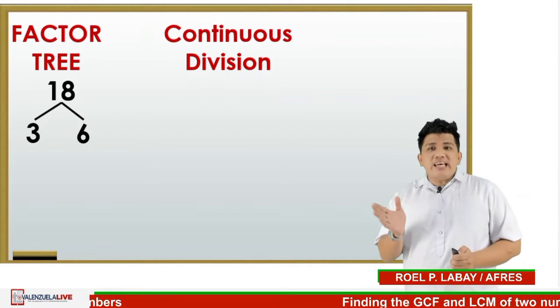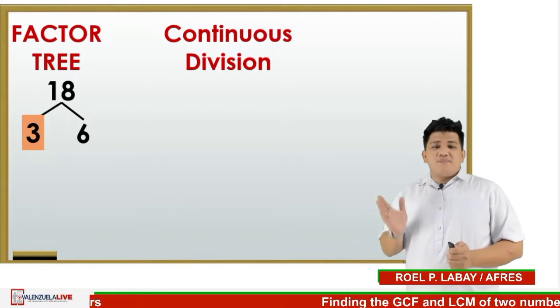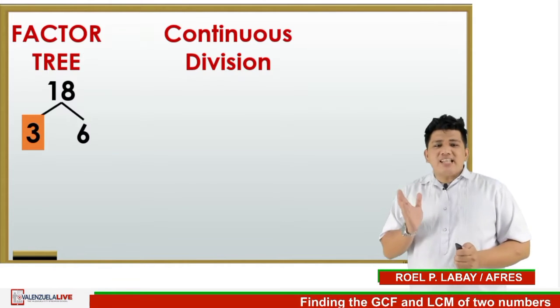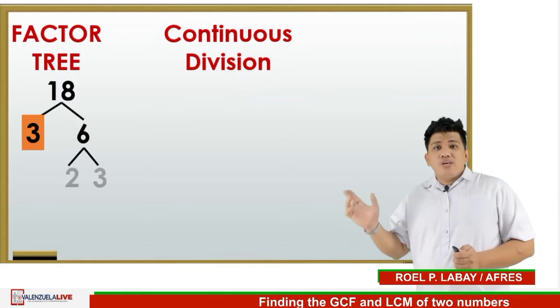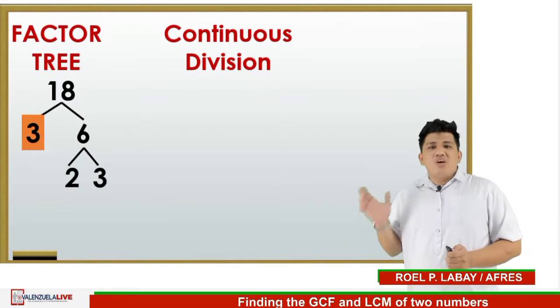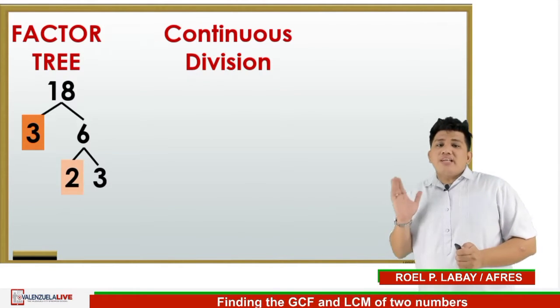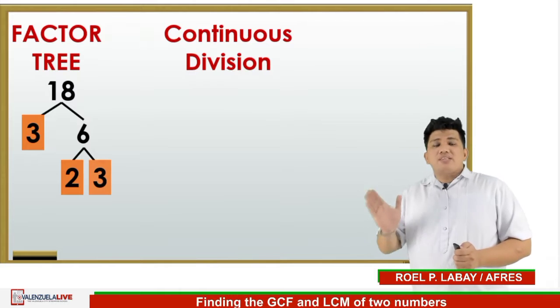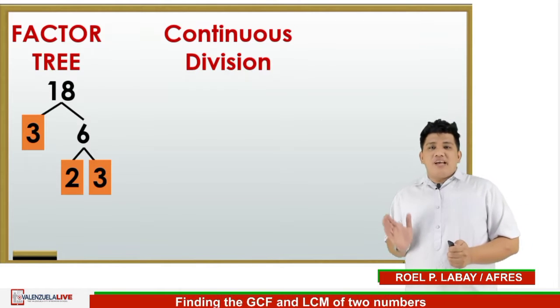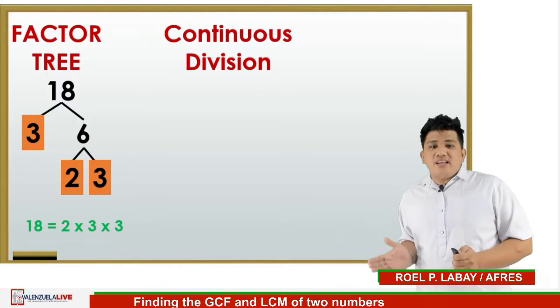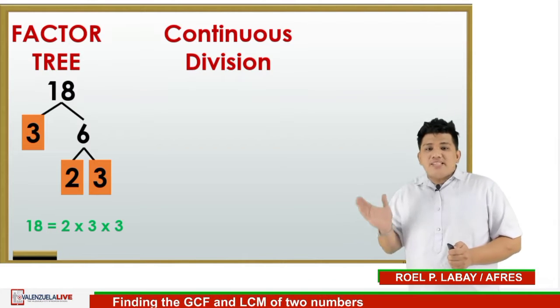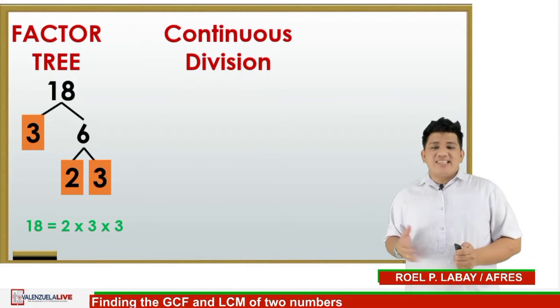Now, 3 is a prime number, but 6 is not a prime number. So let's factor 6 into 2 times 3. We will not factor 2 or 3 any further because they are prime numbers. Therefore, the prime factors of 18 are 2 times 3 times 3.